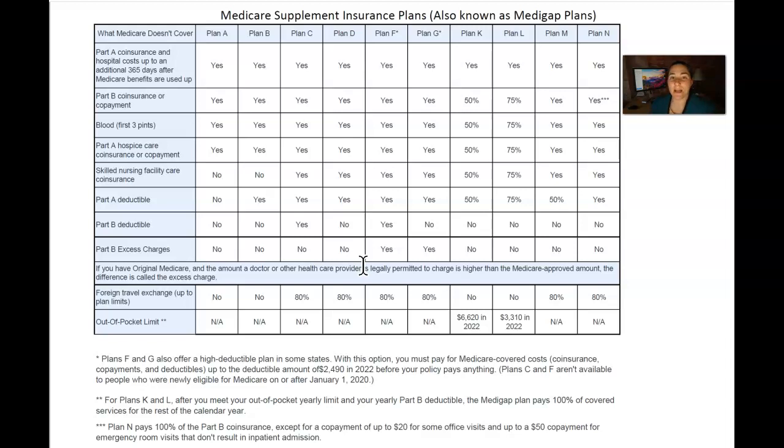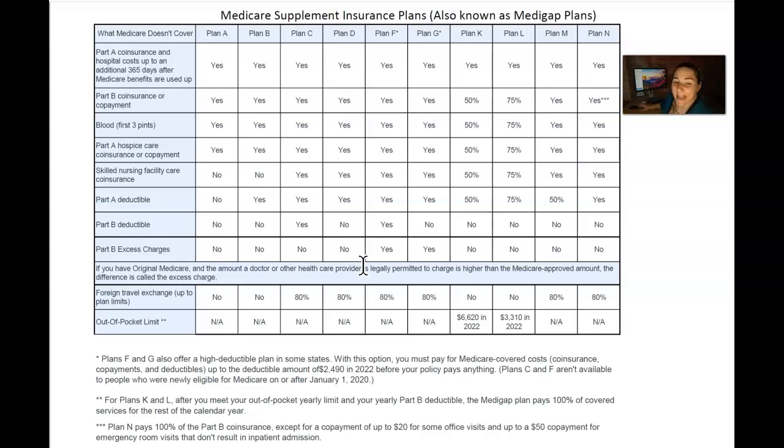If the provider accepts this menu, then they're going to get the full cost of that service from original Medicare and your supplement. But if they choose not to accept that menu, otherwise known as Medicare assignment, then they have the ability to charge you more than that menu cost.